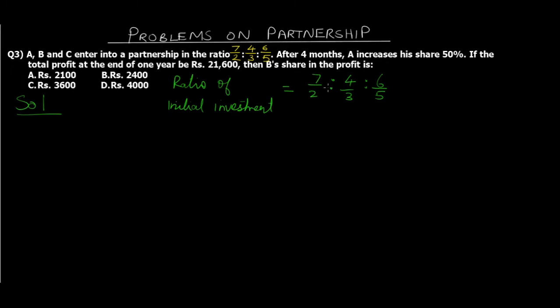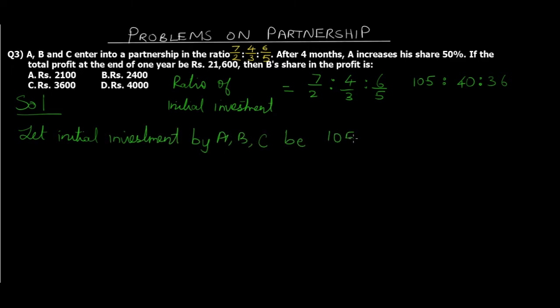If I multiply all these values with 30, we would get 105 is to 40 is to 36. This is again in the same ratio, just that we have multiplied it with a common number, which is 30. Now let the initial investment, which we actually don't know, that is we don't know the actual value being invested by A, B and C, be 105x, 40x and 36x.